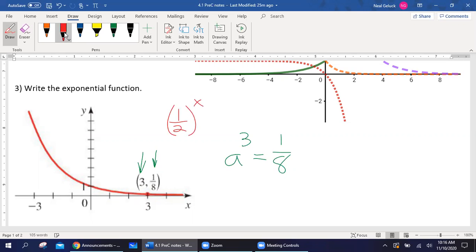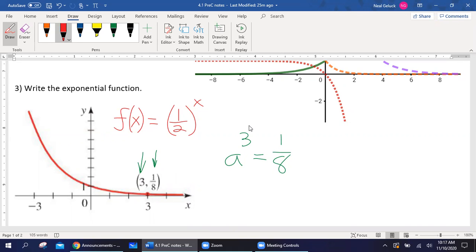So my exponential function would be f of x is 1/2 to the x. Because again, you could test this. If I plugged in 3 to that, I'd have 1/2 to the third. 1/2 to the third is 1/8.